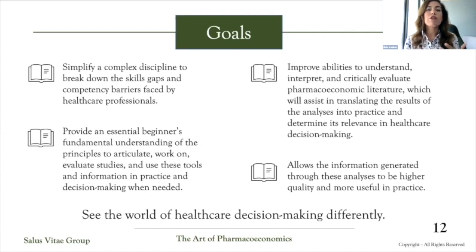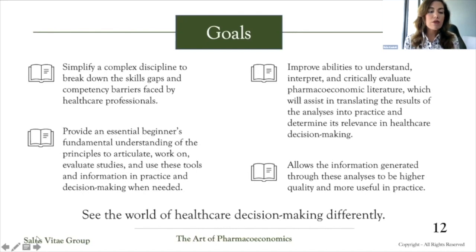The hope is that by improving your abilities, you'll be able to understand, interpret, and critically evaluate the literature, so we can best utilize the results these analyses offer in day-to-day decision-making and allow for better quality and greater uptake of these analyses when appropriate. Ultimately, when you read the book, you're going to see the world of healthcare decision-making a little differently, because you're integrating multiple aspects that go beyond just clinical.